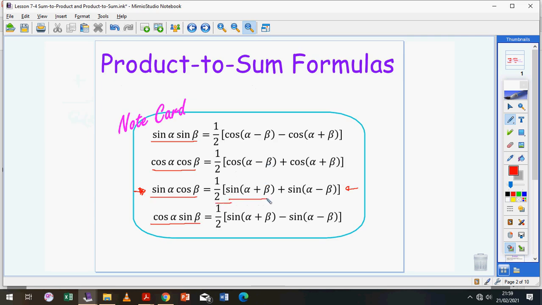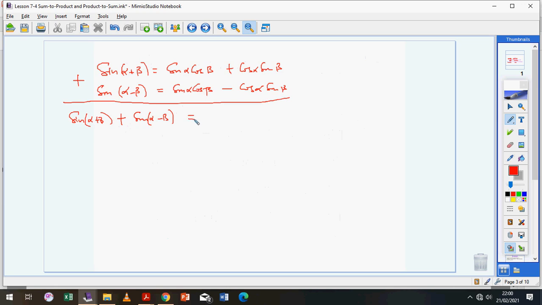And then on the right hand side, this term that I've highlighted in green, and this term right below it are the same exact thing. They're both sine alpha cosine beta. So since I have two of the same exact thing, I can say 2 sine alpha cosine beta.